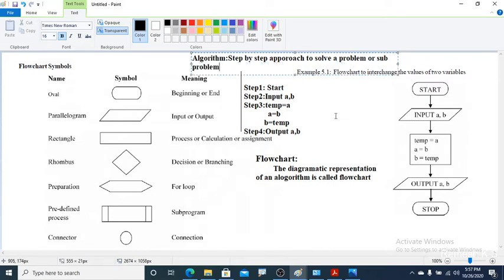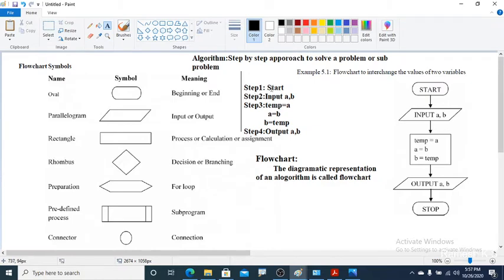What is the problem here? To interchange the values of the two variables is the problem. For that, in a step by step way, I am designing an algorithm.